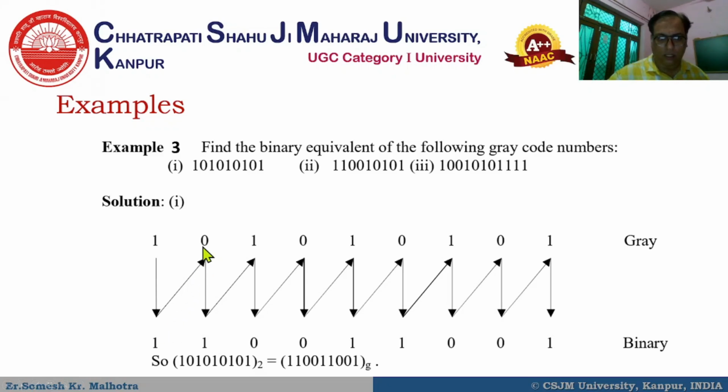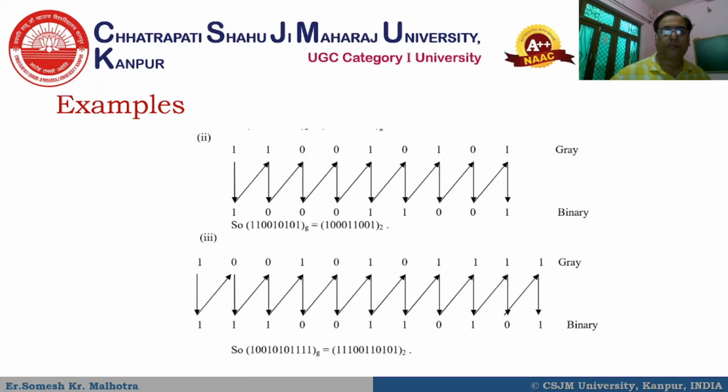So 1 XOR 0 is 1. 1 XOR 1 is 0. 0 XOR 0 is 0. 0 XOR 1 is 1. 1 XOR 0 is 1. 1 XOR 1 is 0. 0 XOR 0 is 0. 0 XOR 1 is 1. So this is your binary equivalent of the above gray code.